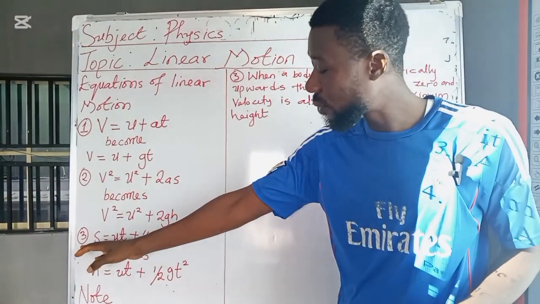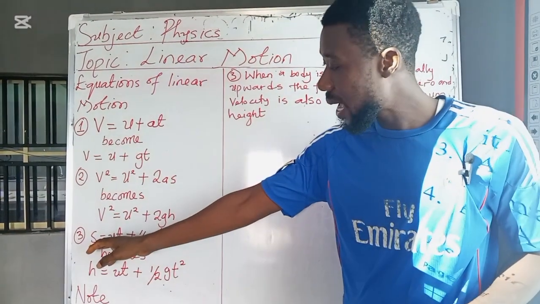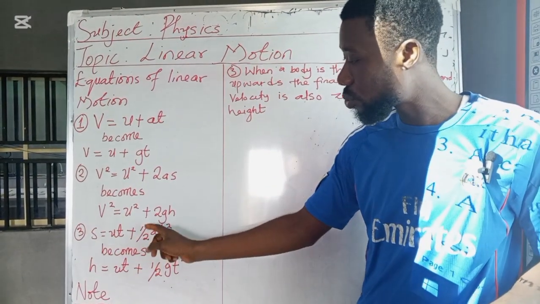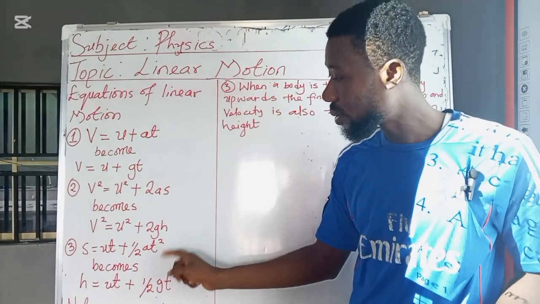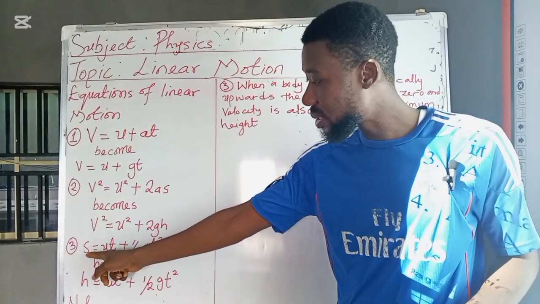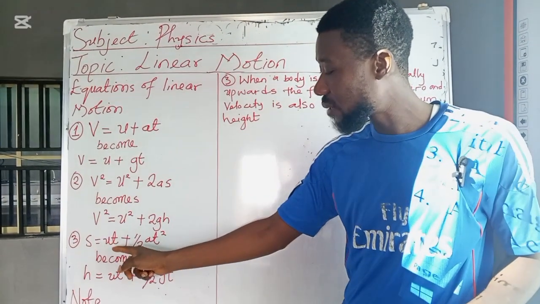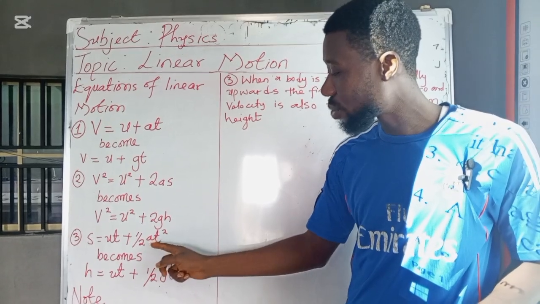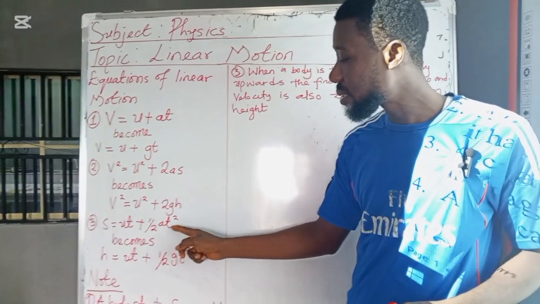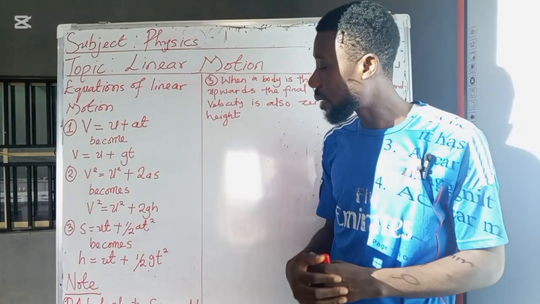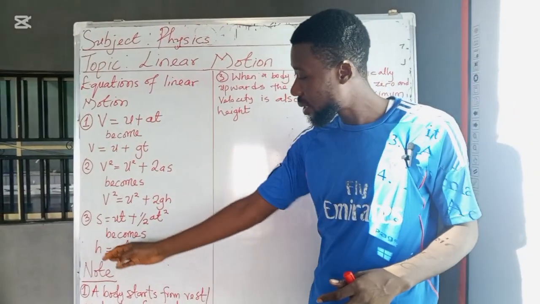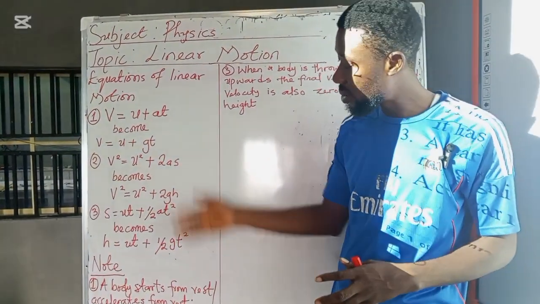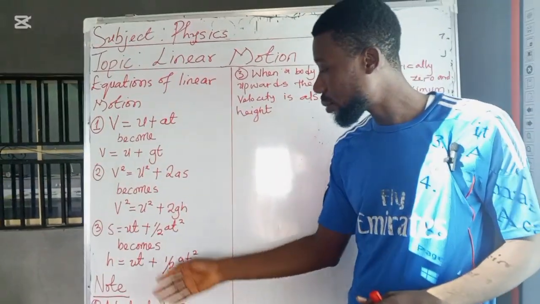Okay, now we have number 3, we have x equals ut plus 1 over 2 at squared, where x here is distance, u is initial velocity, t is time, plus 1 over 2, a here is acceleration, and this other t is time. It also becomes this when you're dealing with vertical movement.